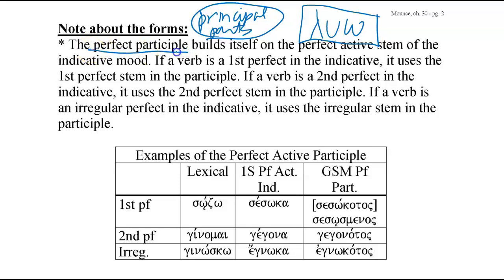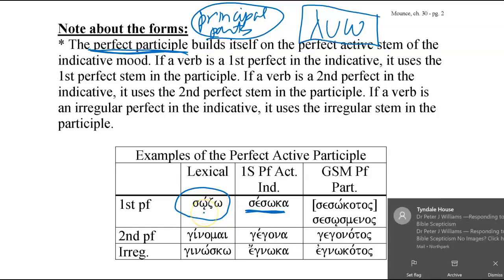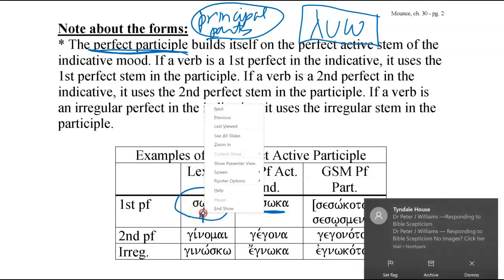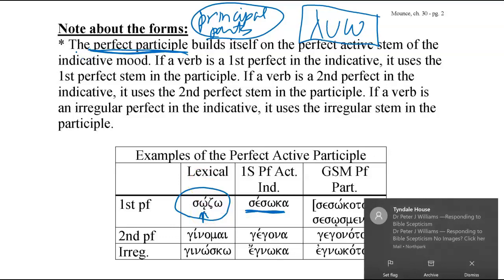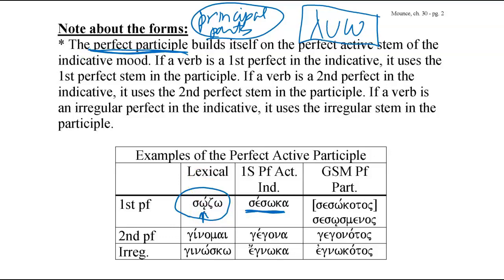So if I want to form the perfect participle, for example, of sozo, which is I am saving, I would look at the principal part for the perfect active indicative, and what I'll notice is it's sesoka. We've noticed some changes here. The sesoka does not have an iota subscript as part of its stem.